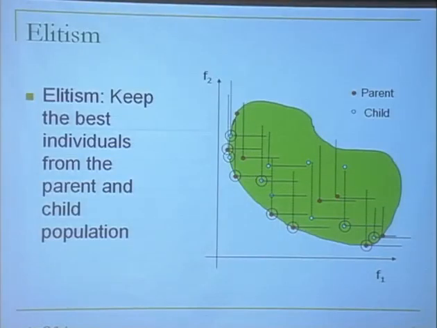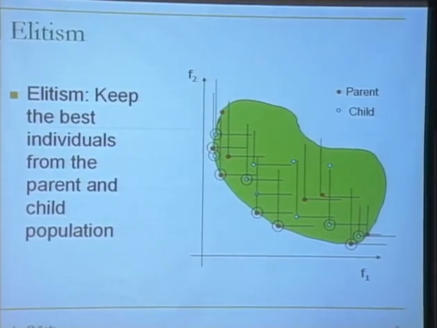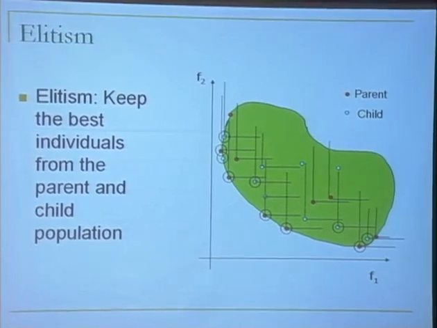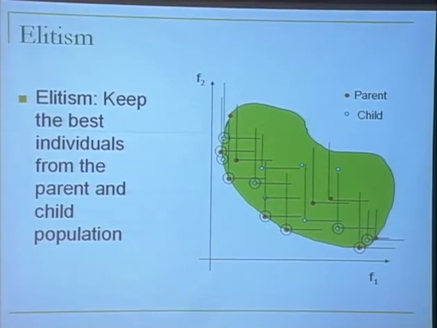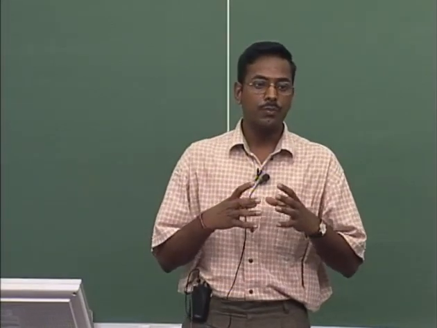So let us consider that we have these red solutions in this figure coming from the parent population and these blue solutions in the child population, and I have to select a set of solutions that would be the same as my population size.